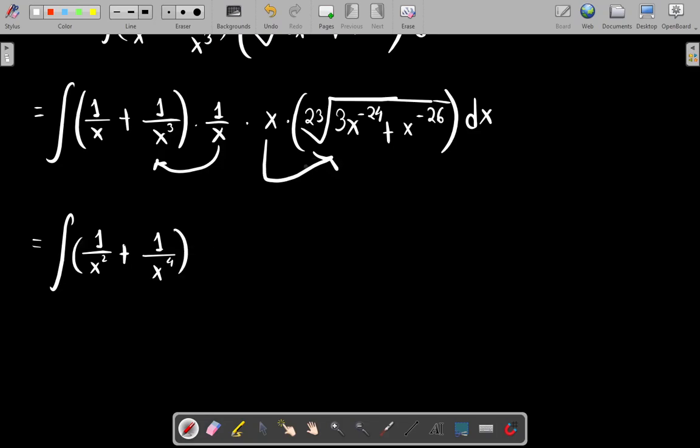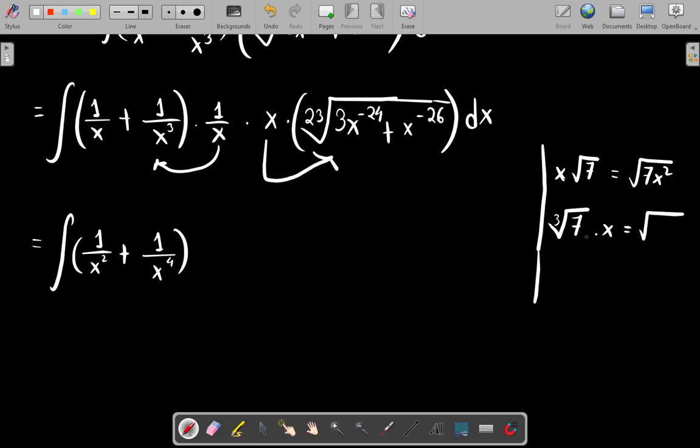And if I try to bring this x inside, what you need to understand is that if I write something as x root 7, and I take this x inside this square root, this will become 7x square inside the root. Similarly, if I write cube root of 7 times x, then when I take this x inside this cube root, this will become 7x cube.